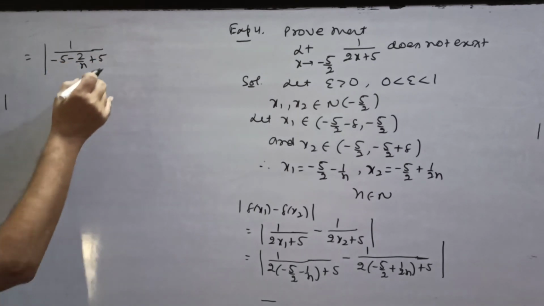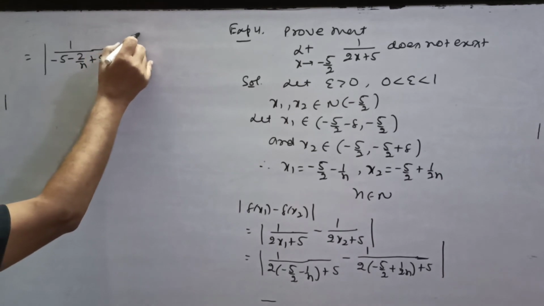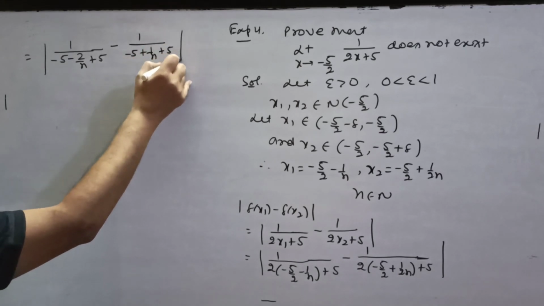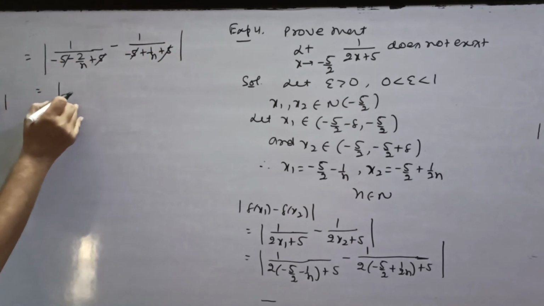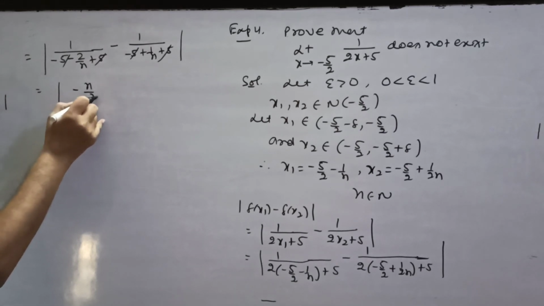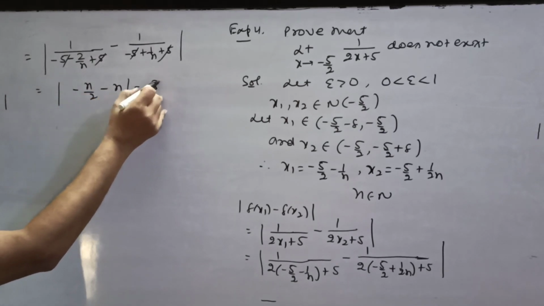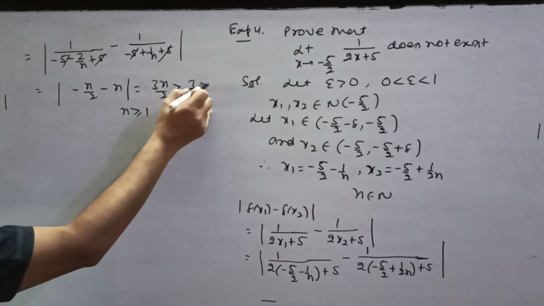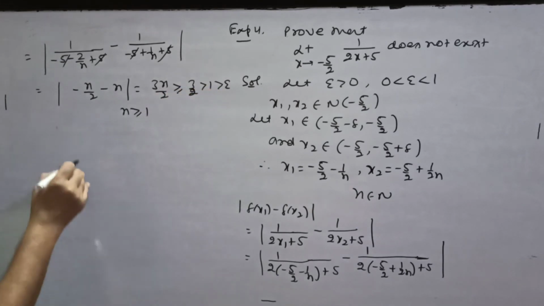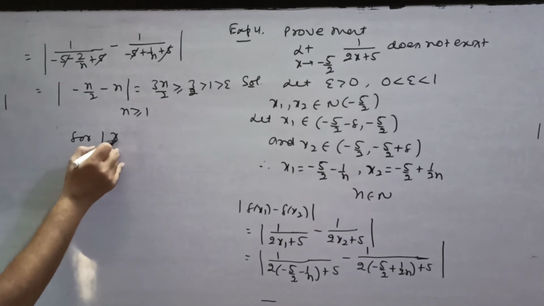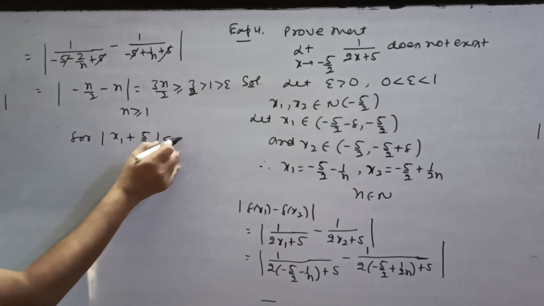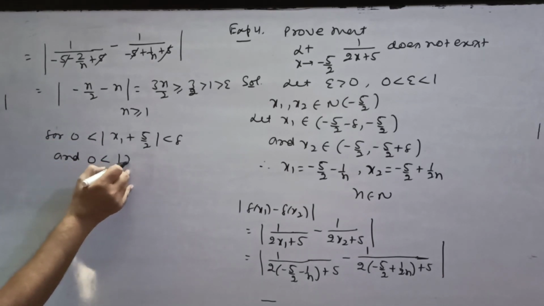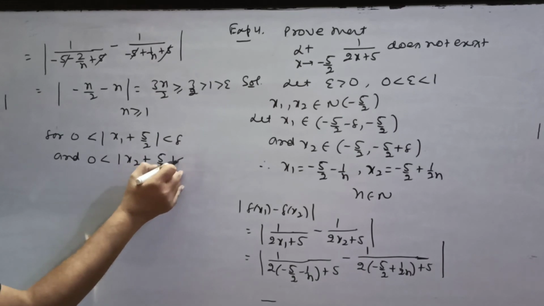We have minus n by 2 minus n, which equals minus 3n by 2. n is greater than or equal to 1, so the magnitude is greater than or equal to 3 by 2, which is greater than 1, which is greater than epsilon, for 0 less than x1 plus 5 by 2 less than delta and 0 less than x2 plus 5 by 2 less than delta.